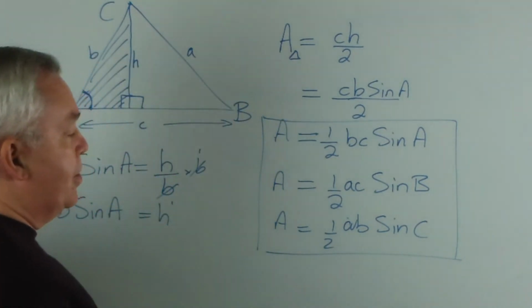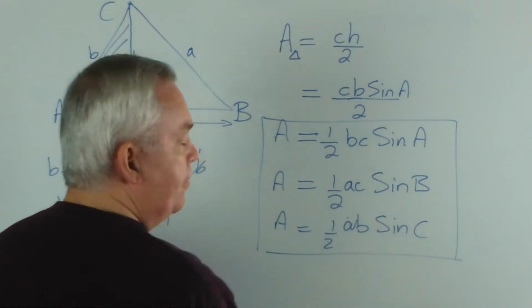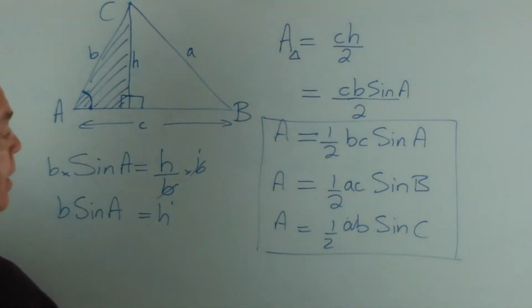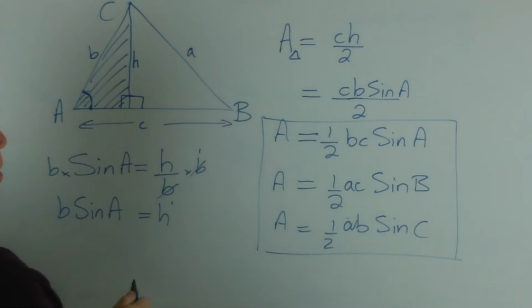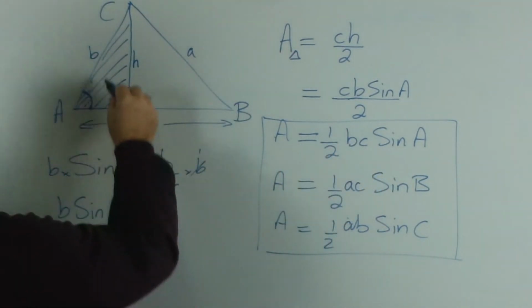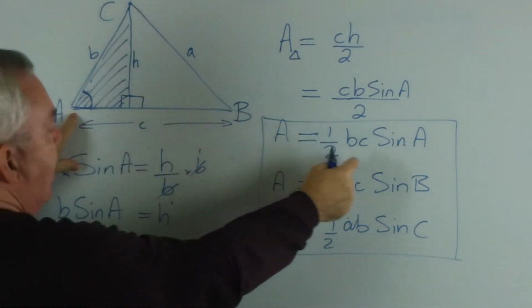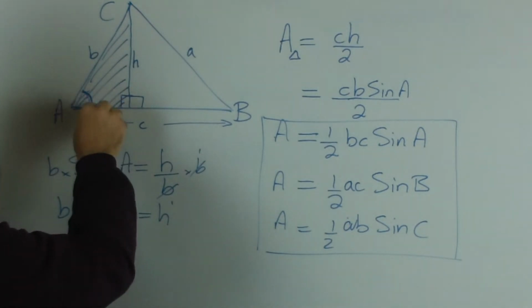I want you to notice that each letter appears just once. And interestingly, because of the way we label the sides, if we chose sides B and C, for example, you can see that side B and side C are attached to angle A. Angle A lies between them.